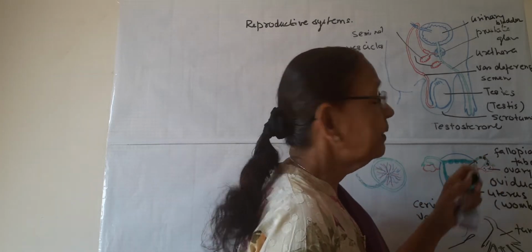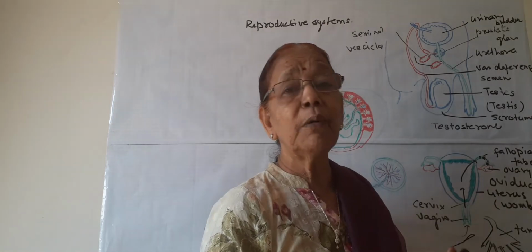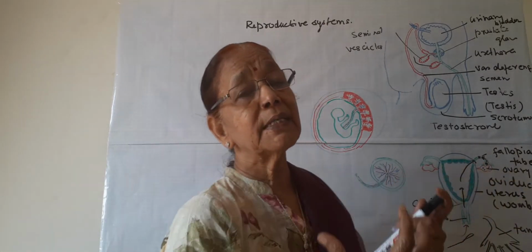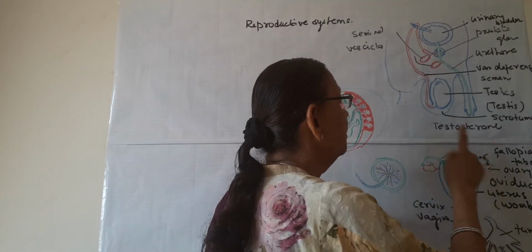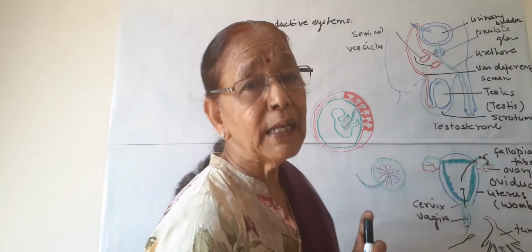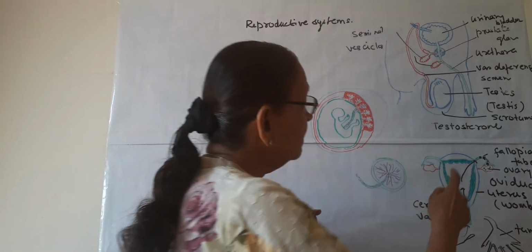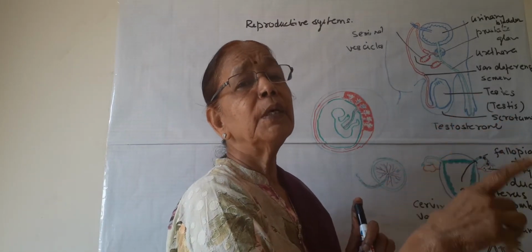Once the sperm reaches the oviduct, here is the unfertilized ovum or egg. Fusion takes place, or we can say fertilization takes place, and the sperm fuses with the ovum. Once the fusion or fertilization takes place, a zygote is formed.